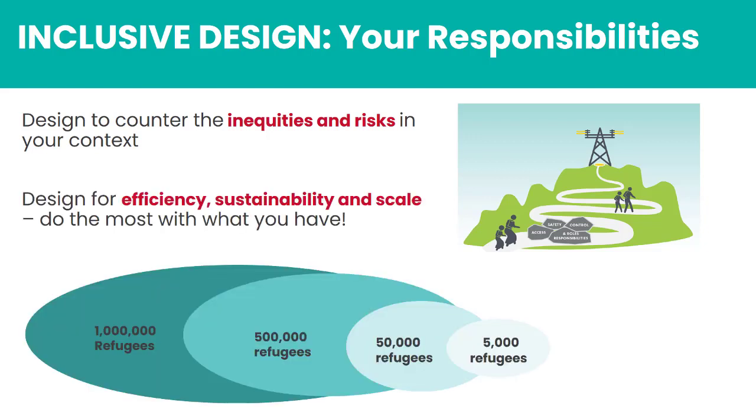Your second responsibility as a program designer is to make the most out of limited resources by being intentional about your program design, finding opportunities to strengthen and work through local systems. Response analysis is a tool to help you out of your program biases. We look forward to hearing from you this week about your successes and challenges in program design and how you can use these tips in your daily work.